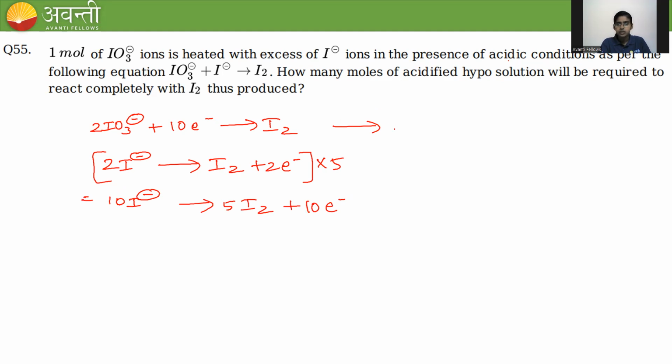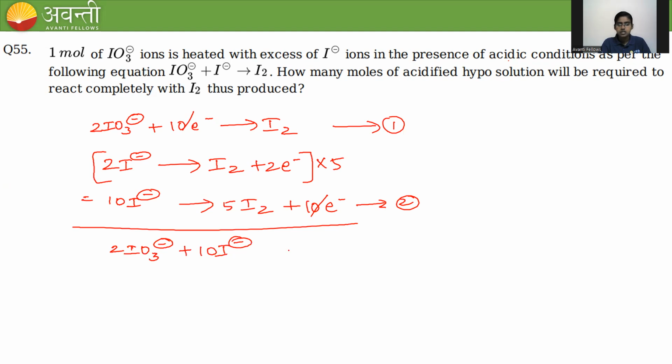So now this is equation 1 and this is equation 2. Now if we add these two equations, 10 electrons get cancelled. So on the left hand side we have 2IO3 minus and 10I minus giving 5 plus 1, 6I2.